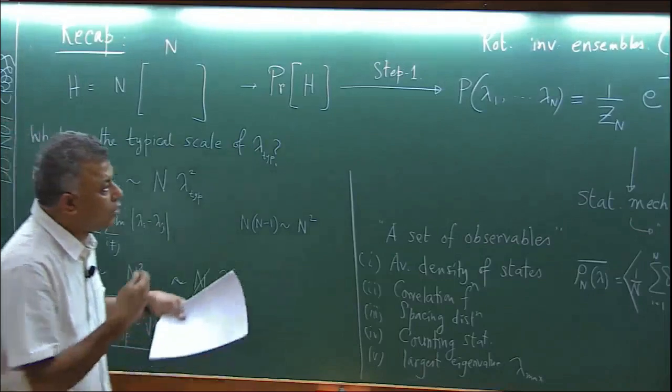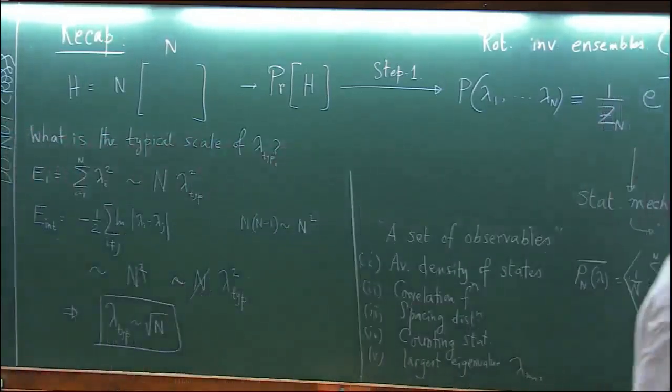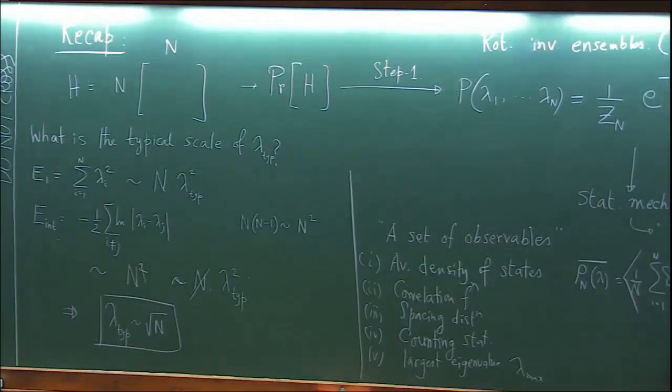If you just generate these charges numerically according to this weight by Metropolis or whatever algorithm, you will see that typically they scale like root n times something. The scale is root n.